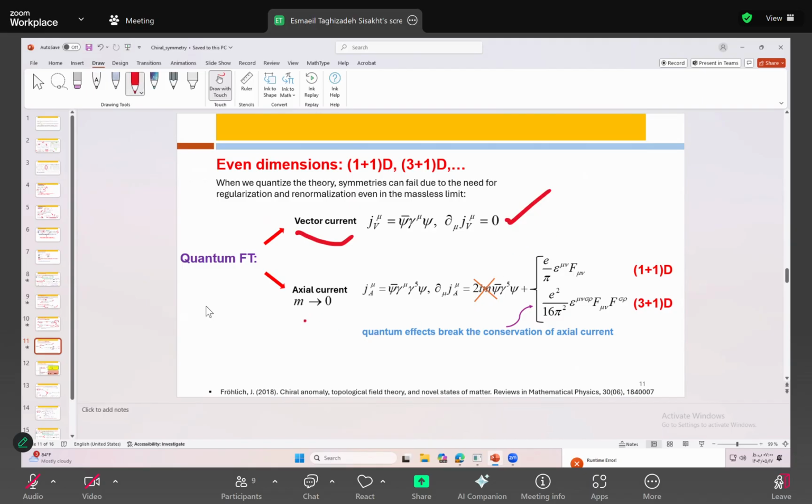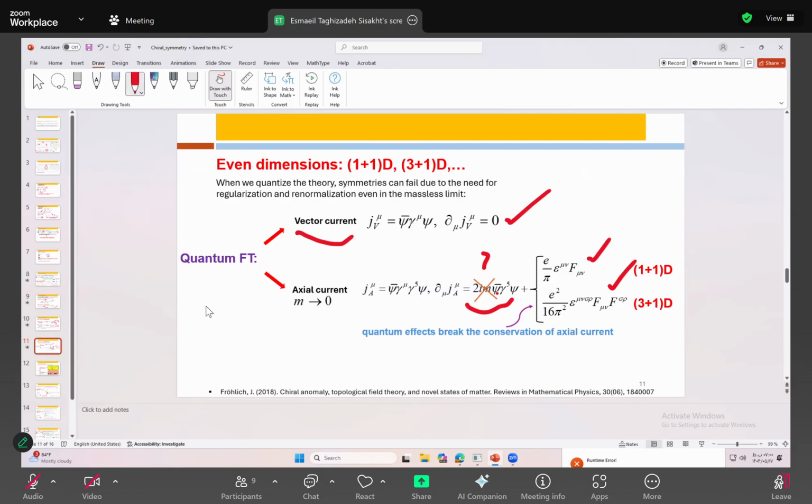But for the axial current, some extra terms appear. In addition to this one, this term here appears when we consider the mass. But if we consider the massless case, I already removed this one because it comes from the mass term.